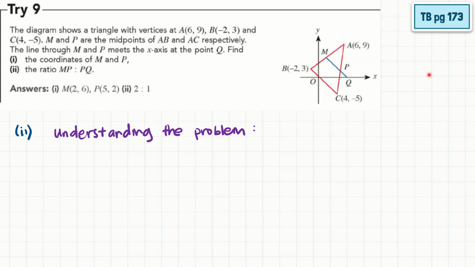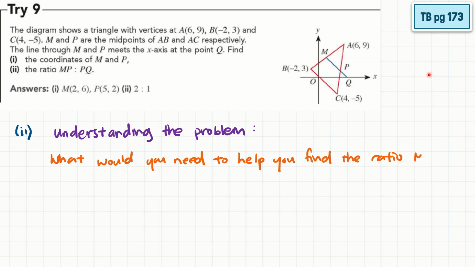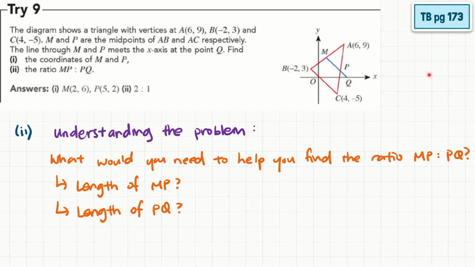I believe most of you might be thinking that we need to find out the length of MP, likewise the length of PQ, because otherwise how else would you find the ratio? I need the quantity MP and I also need the quantity PQ.